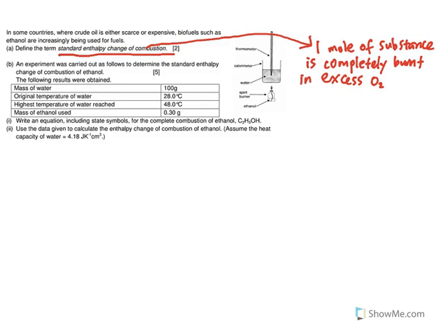Okay, so the main thing is the amount of energy released. Take note of this, and this kind of question you have to score, because it's really free 2 marks.